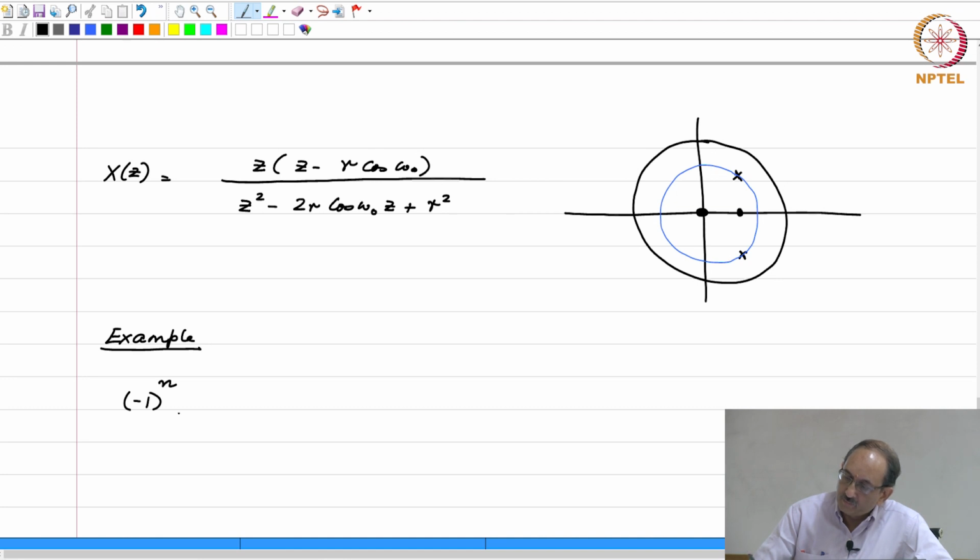Suppose you had gamma to be minus 1, this will be X(minus z), because it is X(z by gamma), gamma is minus 1.